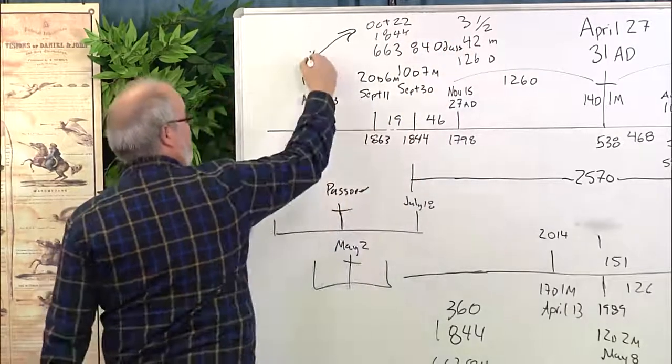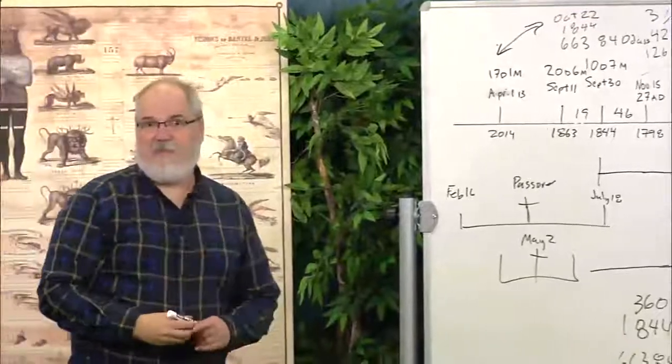Does that make sense? So what does that mean? It means the math is telling us something. It's telling us that this date is not a random date.